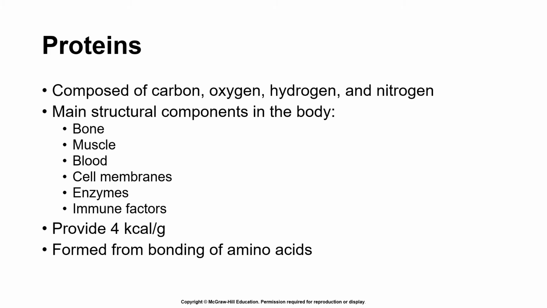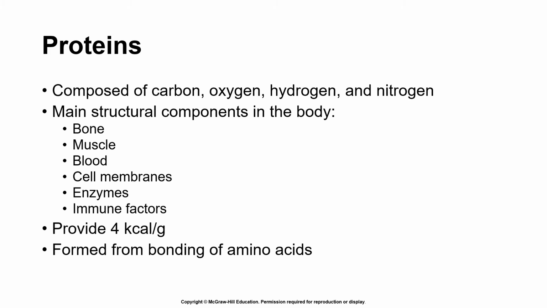The third nutrient group is protein. It's composed of carbon, oxygen, hydrogen, and something unique we haven't seen before, nitrogen. Protein is a major component of many, many things in the body, but it also provides us with energy, 4 calories a gram, just like carbohydrates.